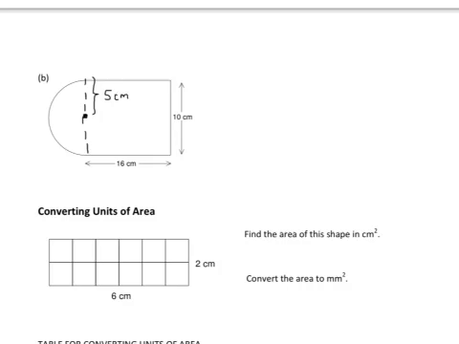We also know that the distance along there is 16 centimetres. Opposite sides in a rectangle are equal. So if we're asked to find the perimeter of this shape, that's the distance around the outside of the entire shape.